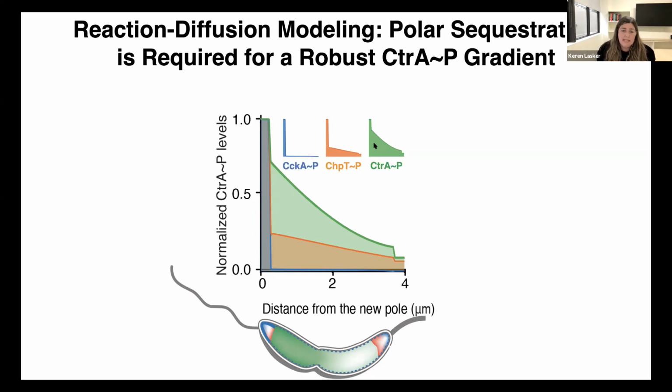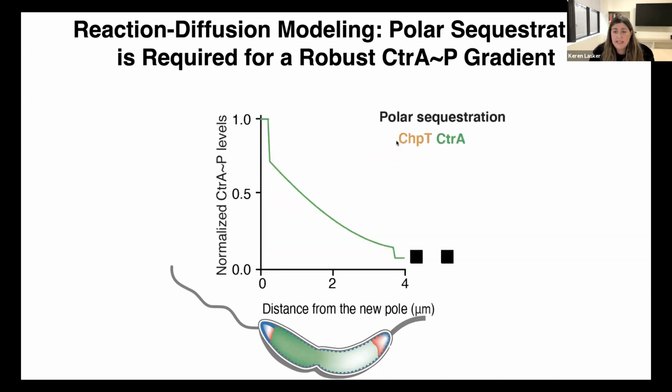Based on published literature, we know that CCK kinase is mostly at the new pole, CHIP-T phosphorylation is also mostly at the new pole, and CTRA creates a gradient of phosphorylation.